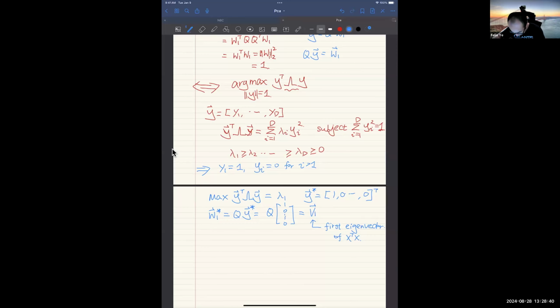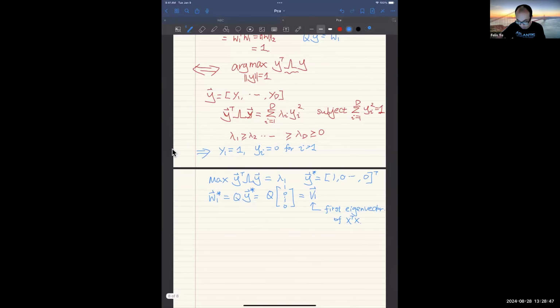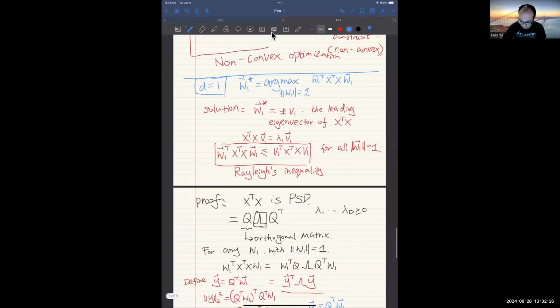Of course, we can have a plus sign or a minus sign, because the sign of W1 doesn't matter. So W1 star, as the solution, is plus or minus V1. So that's how we prove this part. This is the case for the simplest possible one, D equal to 1.